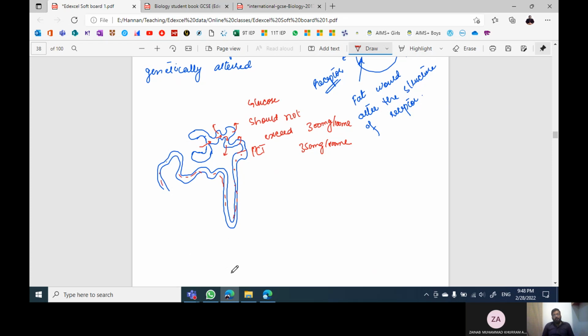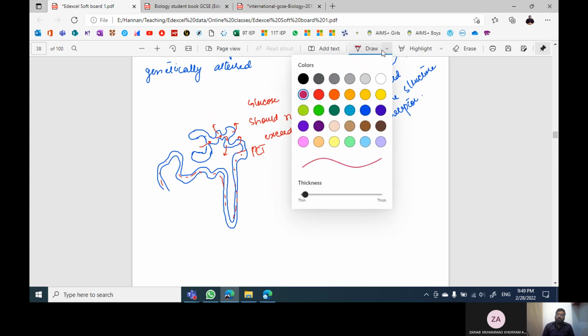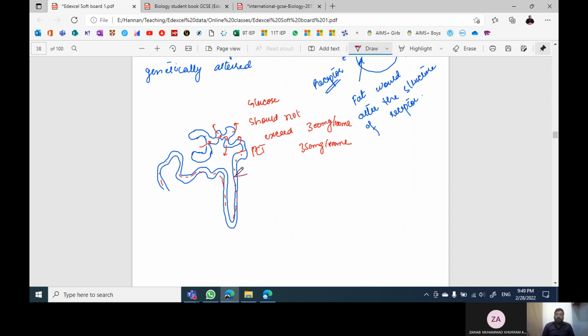Now, the problem is if you have more glucose in your nephron, you would be urinating more water. Why? To dilute the urine, you would need more water.